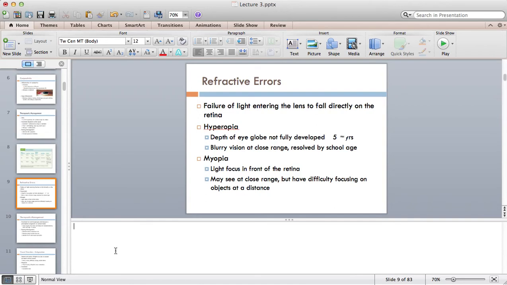Or in myopia, the light falls in front of the retina, so the child will see at close range, but not very far. And that's a problem that I have. I can see close up, but when I take my glasses off and you are over there saying hello to me, if I don't recognize your voice, I don't know who you are.